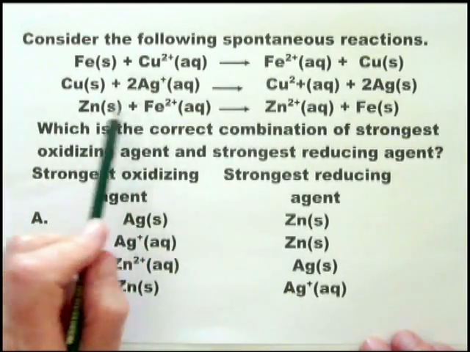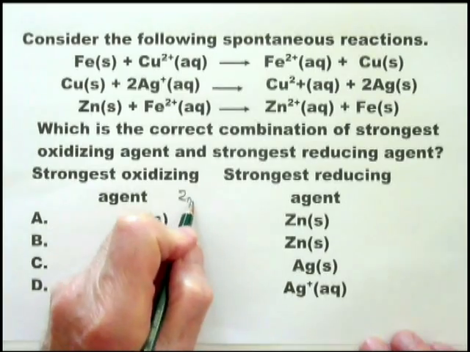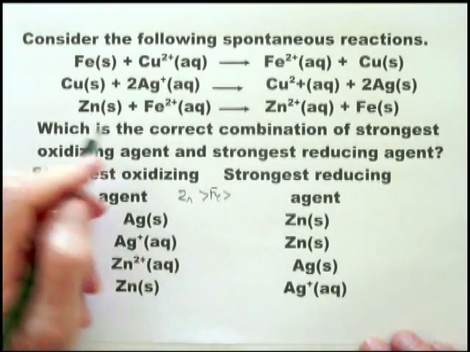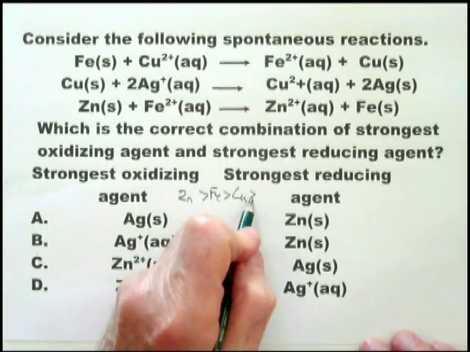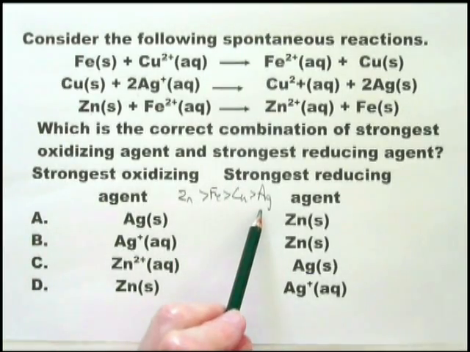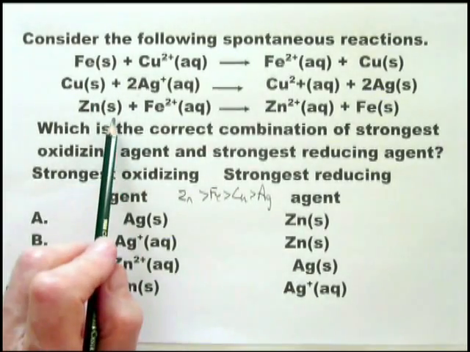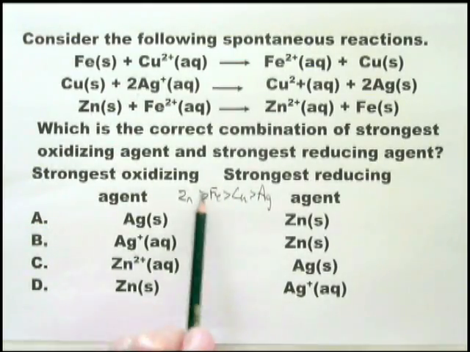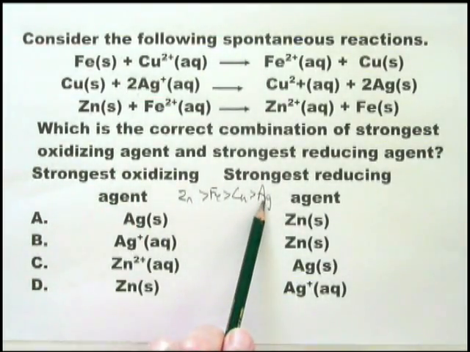And from this you can work out the full range, that zinc is more reactive than iron, Fe, which is more reactive than copper, which is more reactive than silver. So even if you didn't remember this series, you can work it out from these three equations. Notice that there are 4 elements involved, and 3 equations are sufficient to tell you the order.